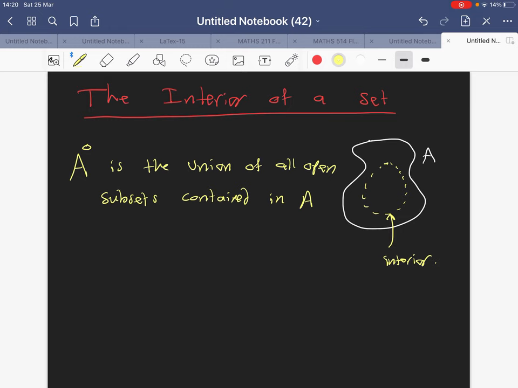What we will get, of course, is the largest set, and this set we will call A interior. Of course, from the definition, we know that A interior is a subset of A.